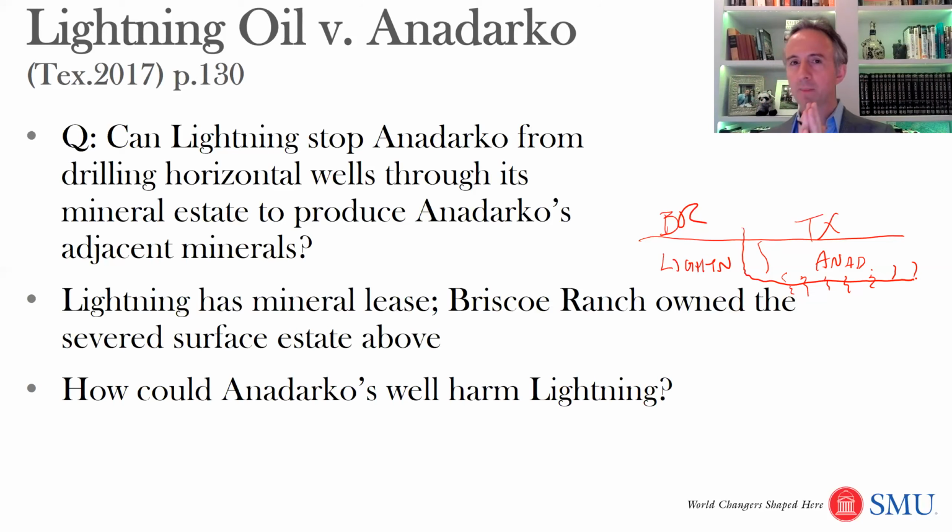And if you remember, we talked about this earlier, the surface owner, the owner of the rest of the land, also owns the whole subsurface except for the minerals. Now, normally, the main thing we want out of the subsurface is the minerals. So as a shorthand, we'll say, oh, the mineral owner owns the subsurface. But what this case makes clear is it's somewhat more complicated, because Briscoe Ranch has the authority to allow Anadarko to drill through that subsurface so long as they don't damage Lightning's oil and gas reservoir.